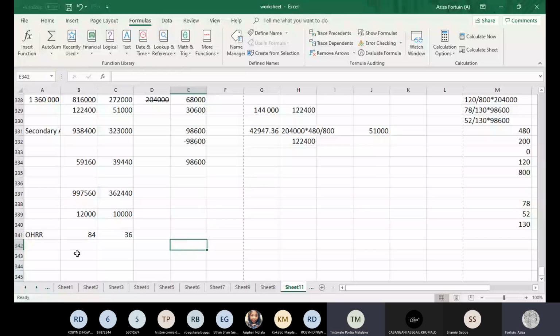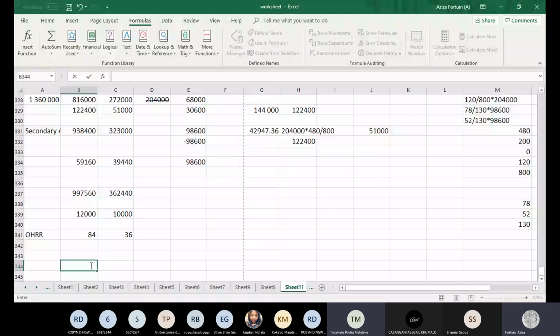Let's look at question 9. Question 9 is something called the milling, the finishing, the maintenance, and the administration department.